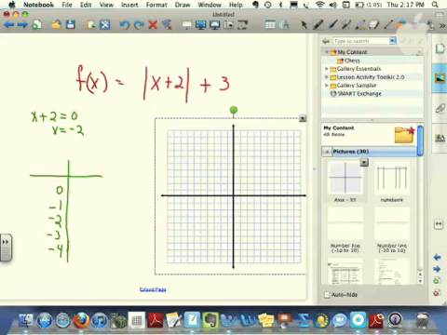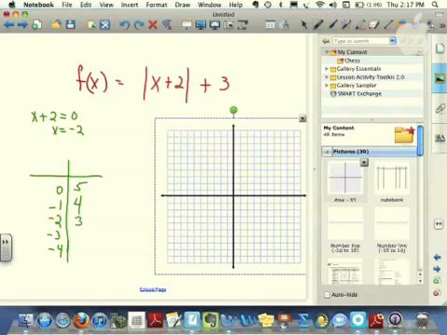The absolute value of 0 plus 2 is 2. 2 plus 3 is 5. The absolute value of negative 1 plus 2 is 1. 1 plus 3 is 4. Negative 2 plus 2 is 0, and 0 plus 3 is 3.